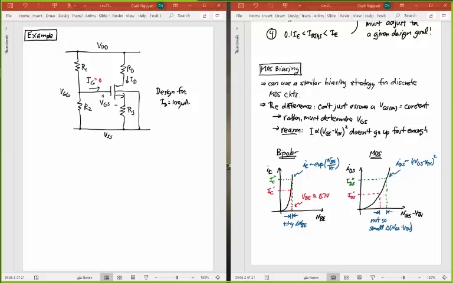So you care about ID because ID determines the amplifier specs, as we'll soon see. Okay, so there's my spec for the problem.